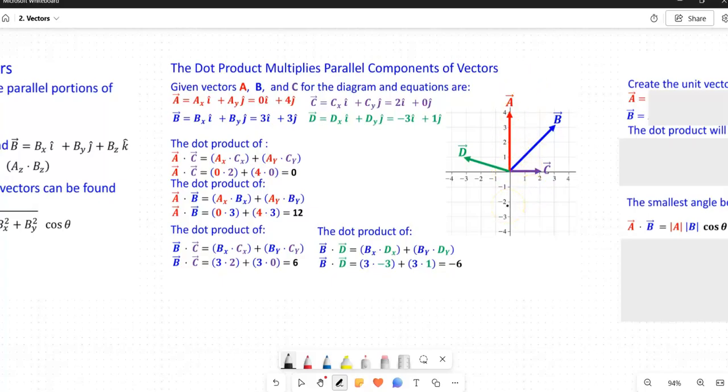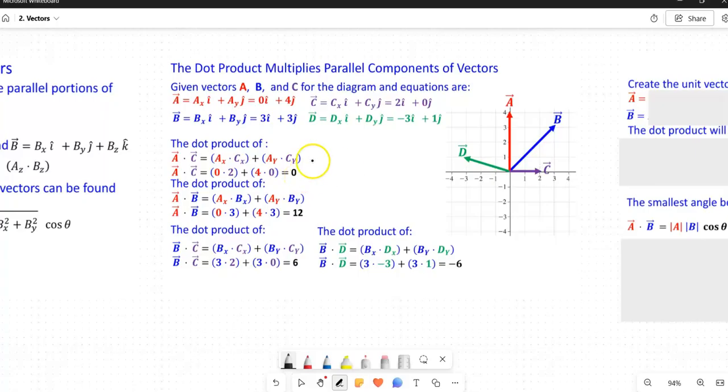Now, if we had to multiply A times C, well, A is perpendicular to C. And dot products only multiply parallel portions of vectors. So since A is not parallel to C, no portions of those two vectors are parallel, like no x direction, y direction, then we know it's going to be 0.